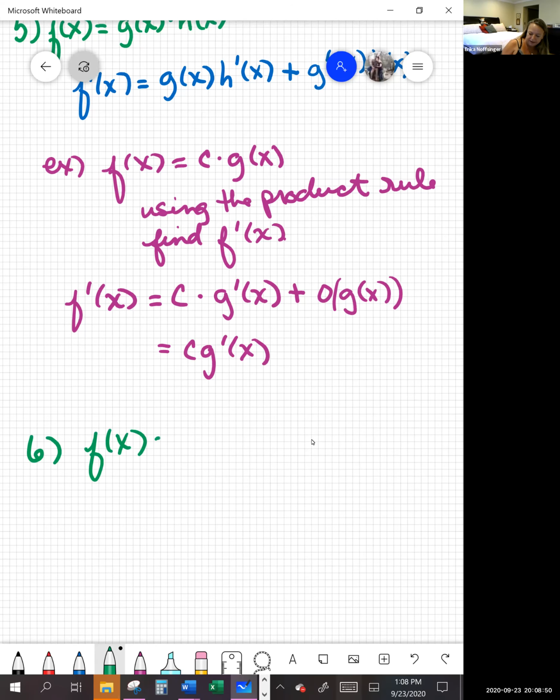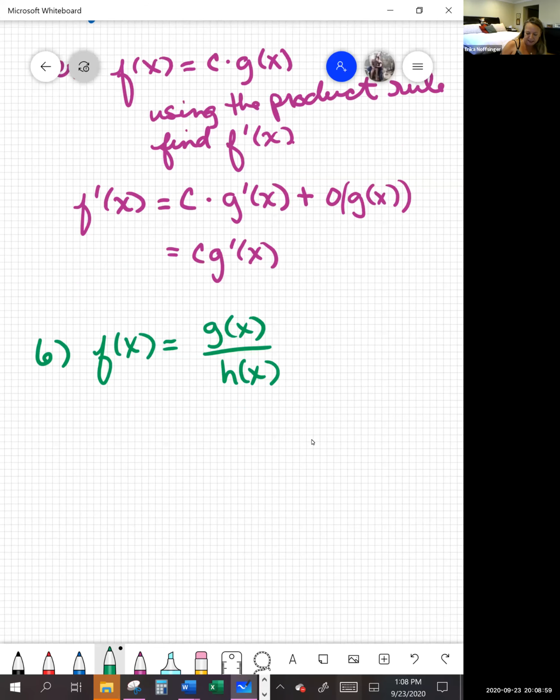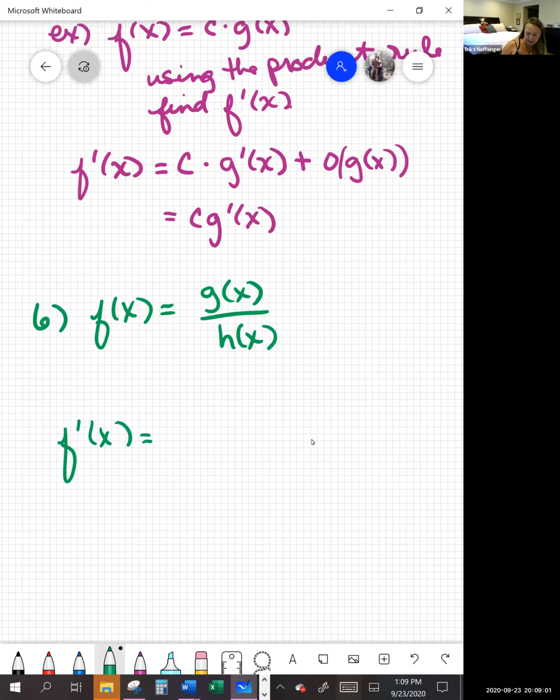Yes, we did. f of x is equal to, let's say, g of x all over h of x. So taking the derivative of that, who wants to try? This is when we subtract.